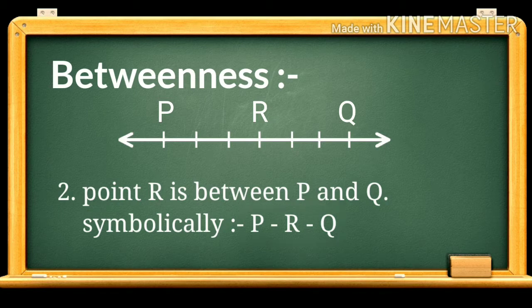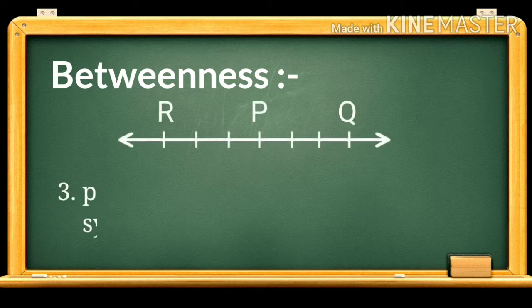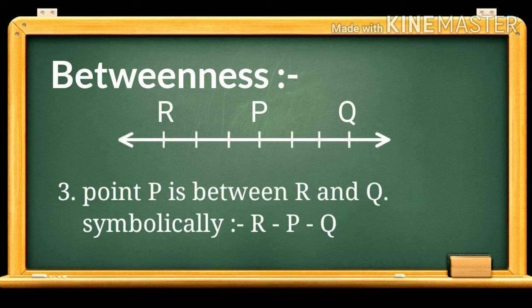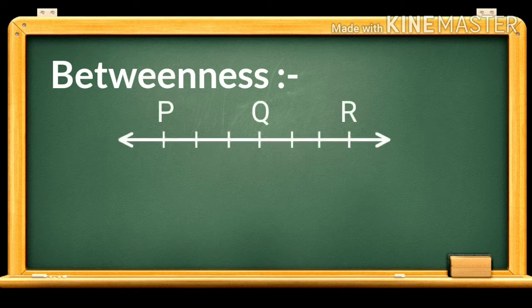And the last possibility is point P is between point R and point Q. It means point P lies between point R and Q, and symbolically it is written in this way. Now here is the figure of collinear points. Points P, Q, R are collinear points.